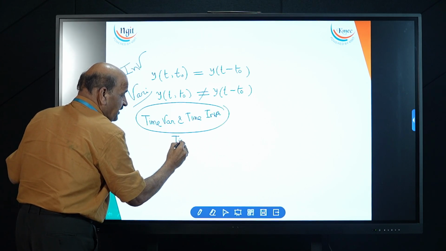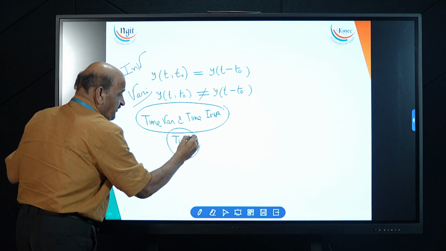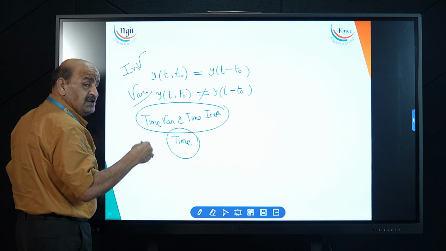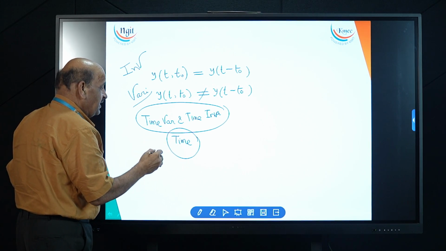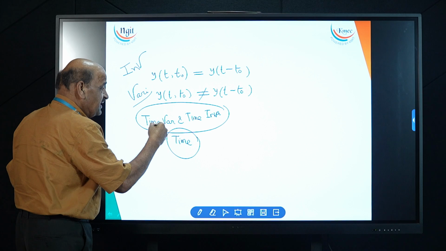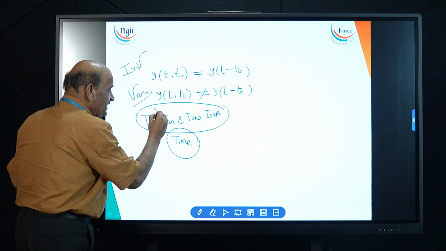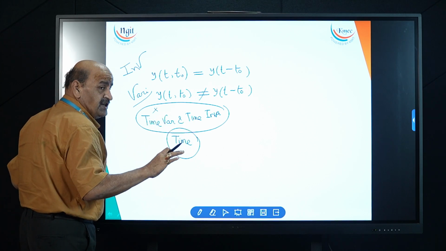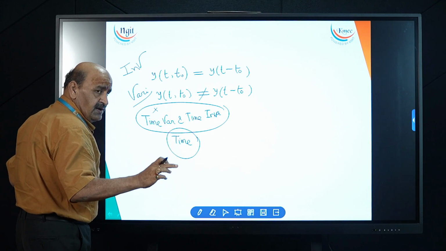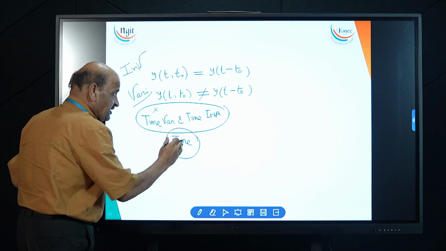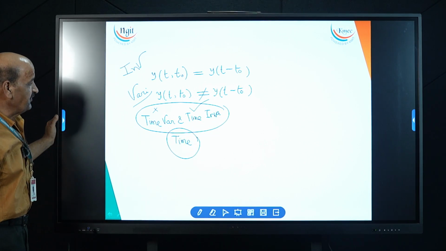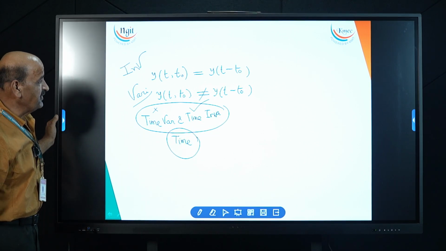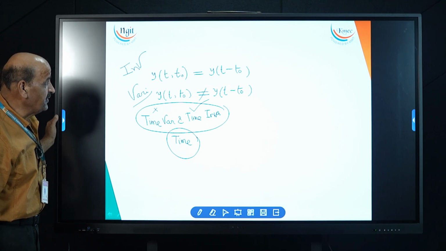That is called what? Time. If time is changing every time, excitation inputs are changing every time, and excitation responses are both changing every time, this is time variant. If they are not changing, they are fixed, giving the correct response to the correct excitation, this is called a time invariant system. So this is the difference between time variant and time invariant systems with respect to the time domain.